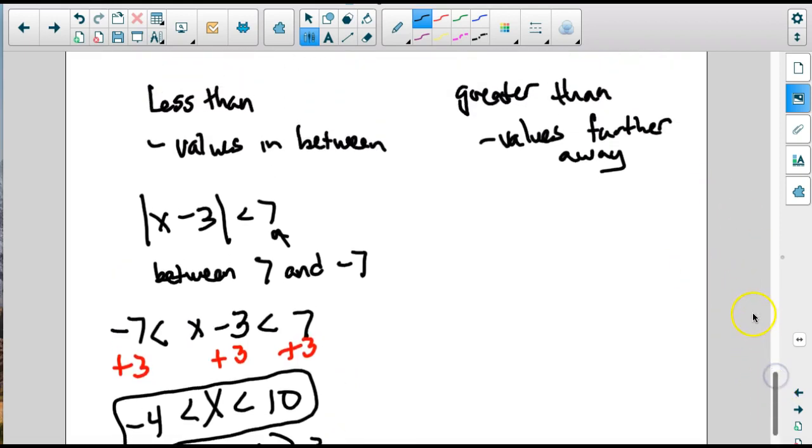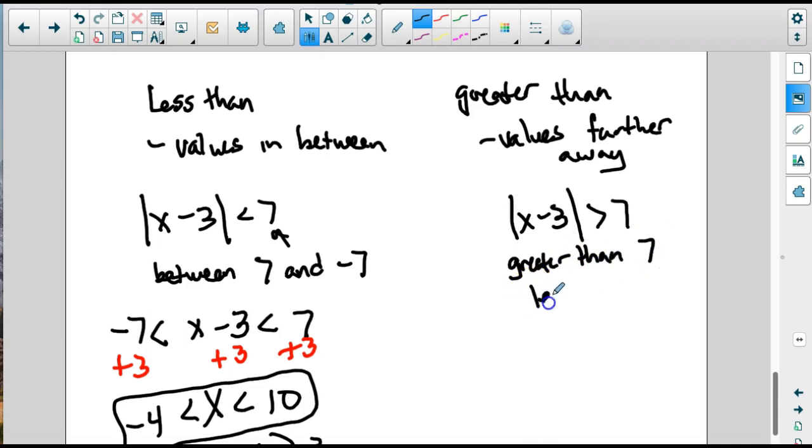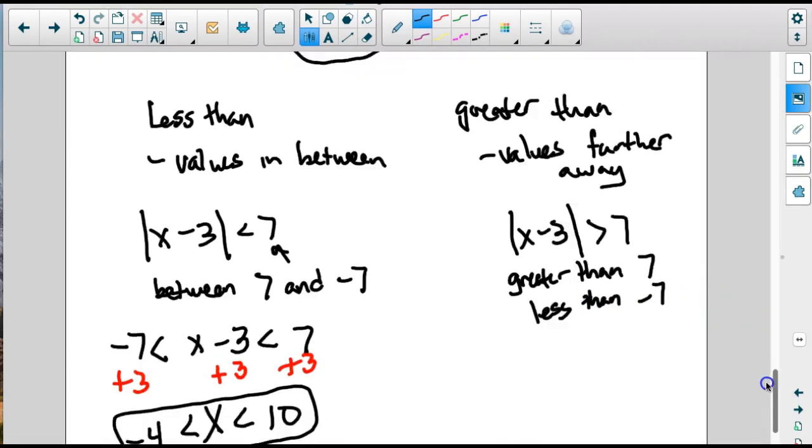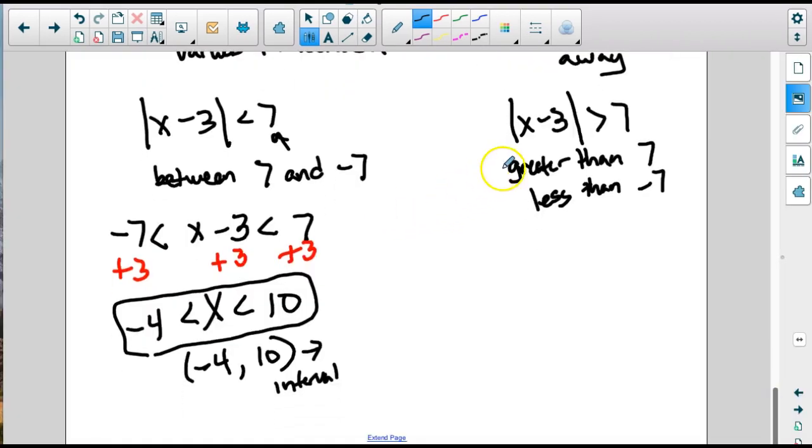Now greater than, if we look at the same exact problem, except I was looking for values that are further away by 7. That means it has to be greater than 7 or less than -7, because it's got to be on either side of that. So we would write these two inequalities.